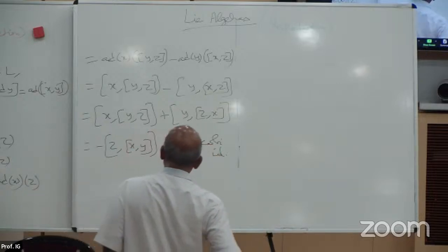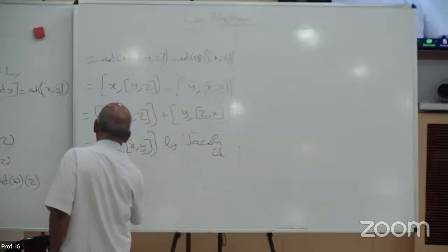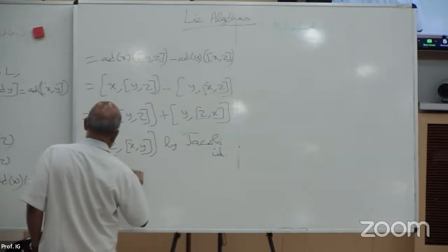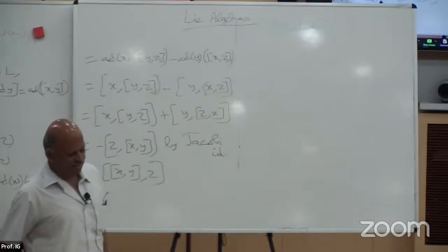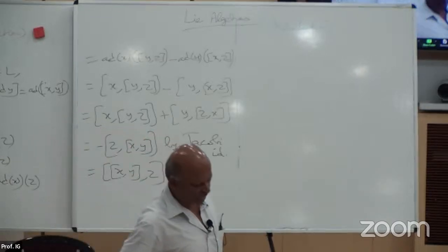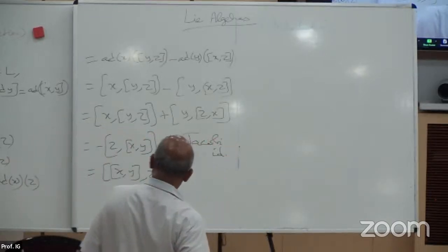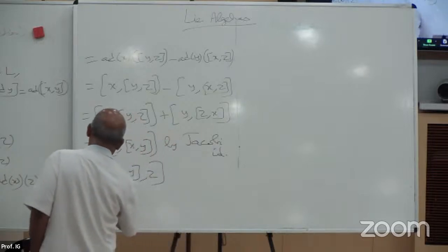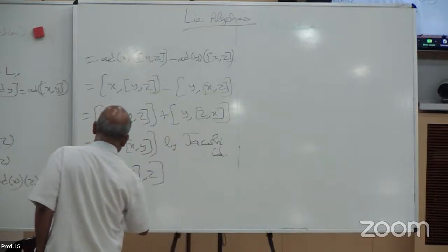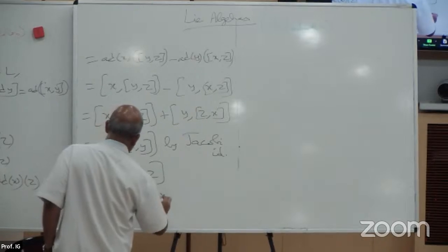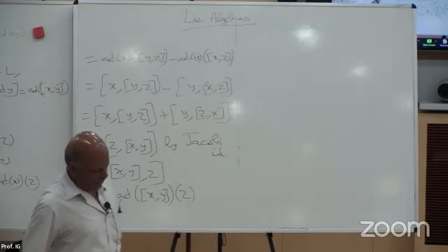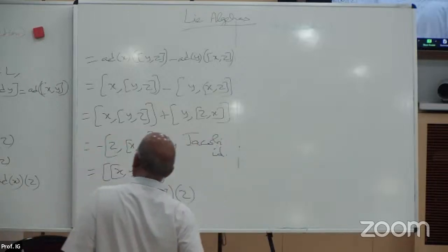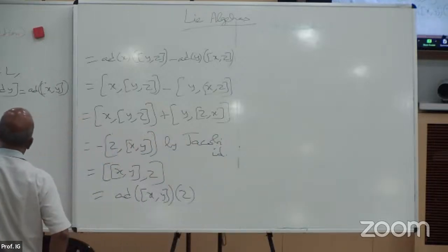Now again, minus I can interchange and get this. By anti-commutativity, minus [z, [x, y]] is the same as [[x, y], z], and this is what is ad [x, y]. So we wanted to show this equality here: [ad x, ad y] equals ad [x, y].